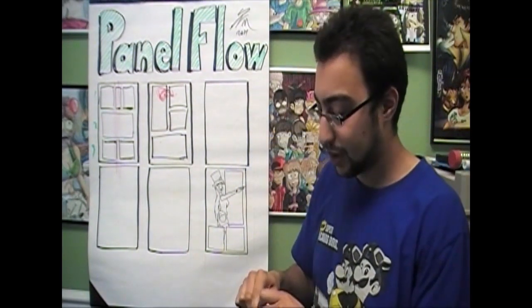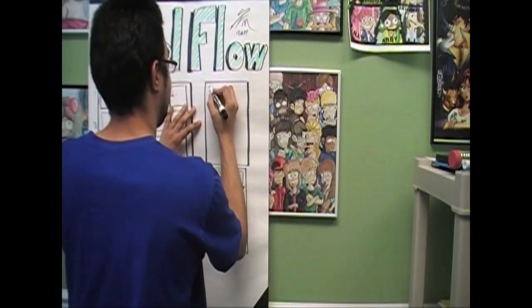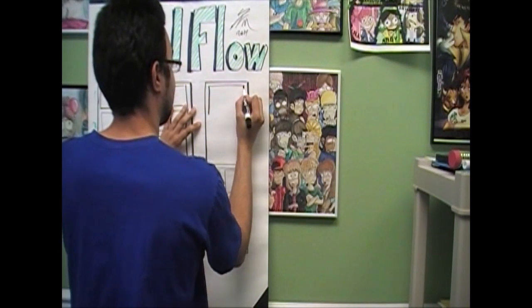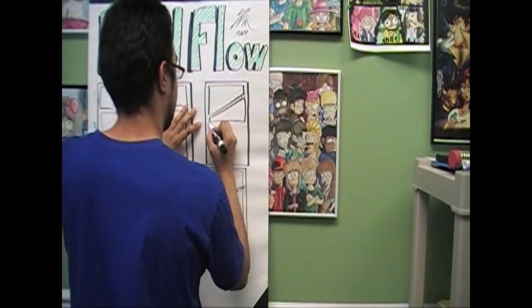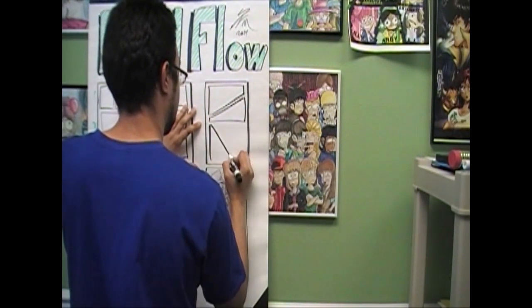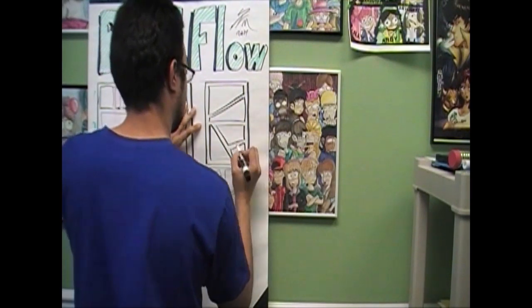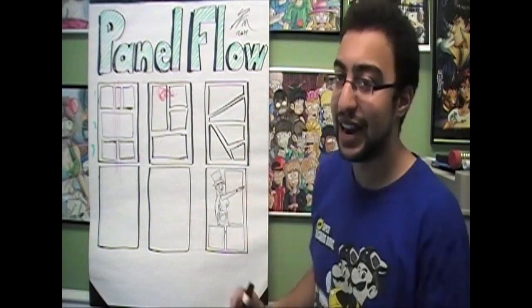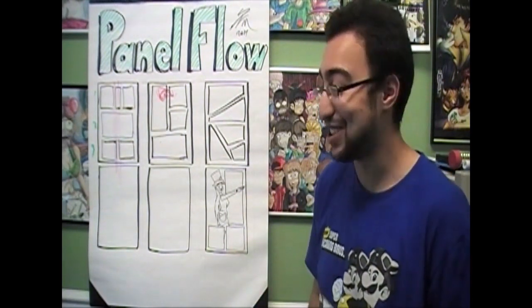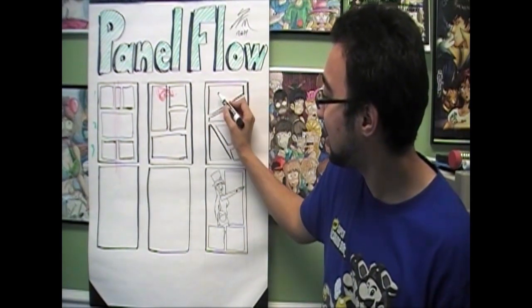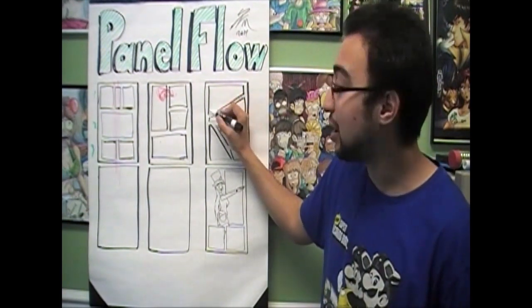What else? Oh, let's draw some dynamic panels for an action scene. I'll do something like this. Now, when you draw your dynamic panels, you got to make sure it really helps with the action, because if your character is moving, let's say, let's draw a character here.